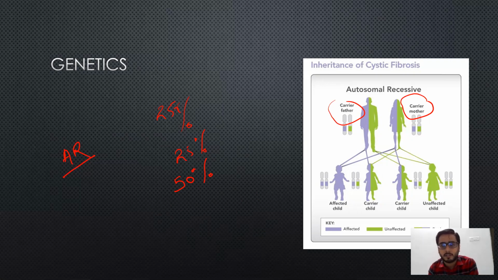Only 1 in 4, 25% chance, that the child will be affected. This is what autosomal recessive means. This comes as a question: cystic fibrosis gene inheritance is autosomal recessive.